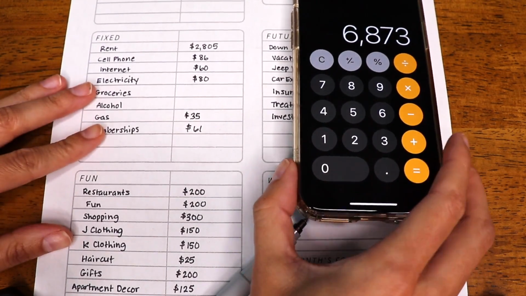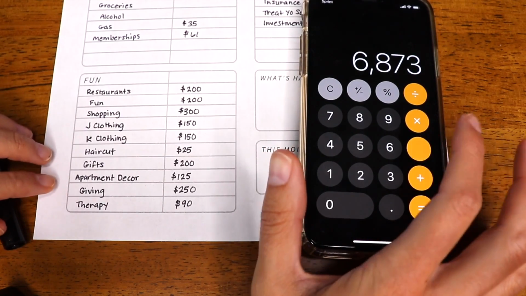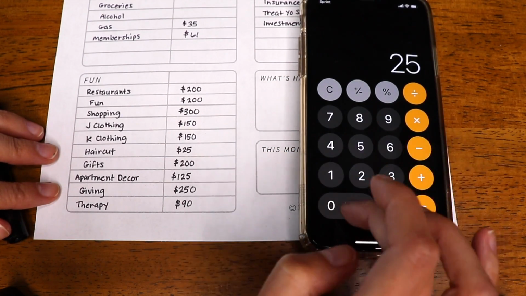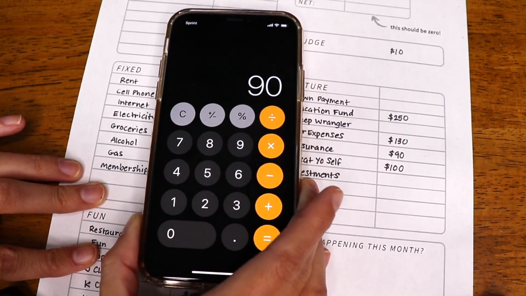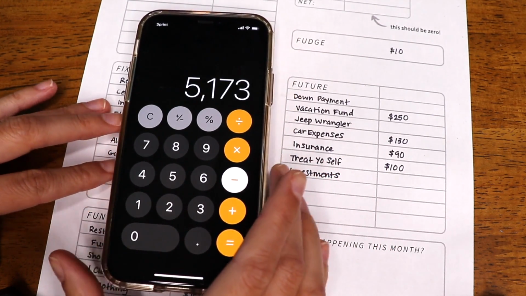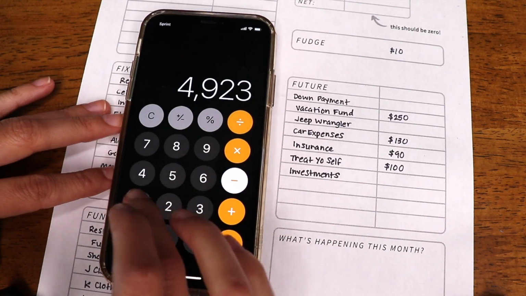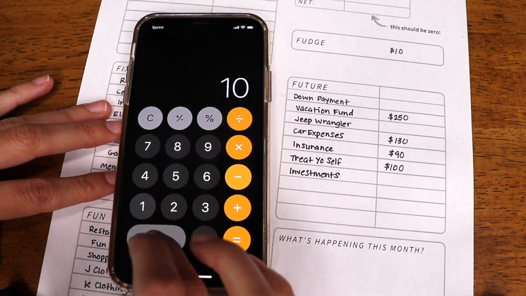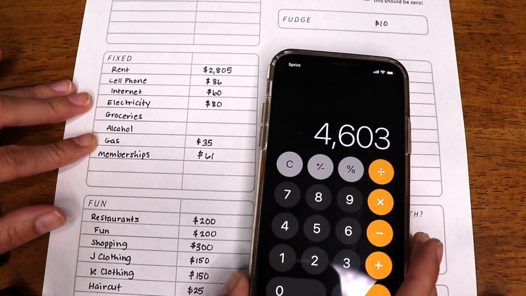Okay, and then I'm going to go down to the fun category and do the same thing. And then subtract out Fudge, vacation, car. Okay, so 4603 is what we have left.